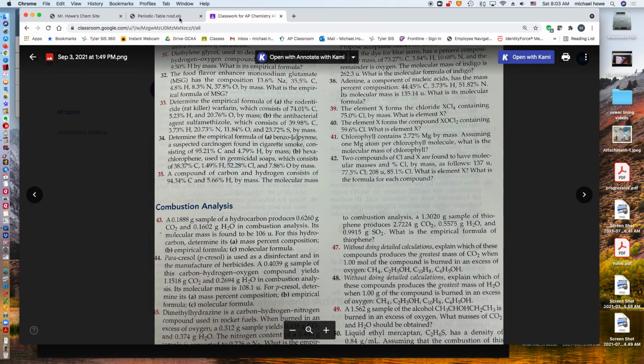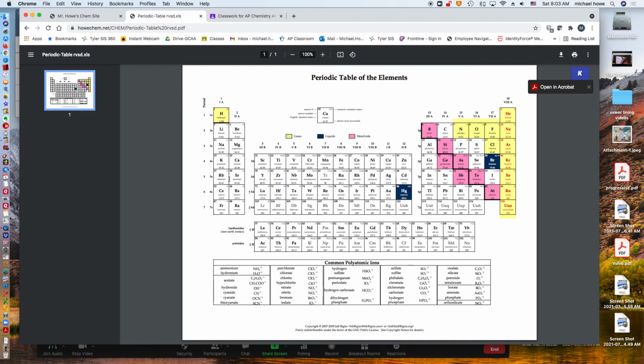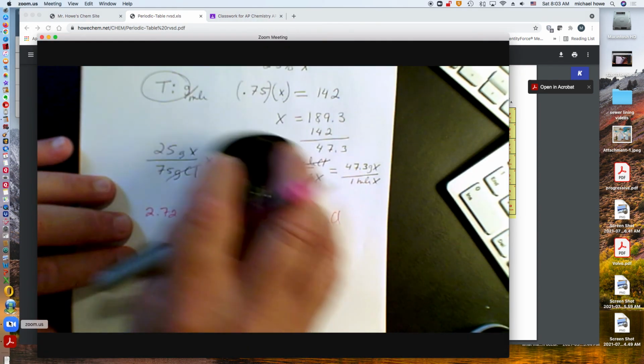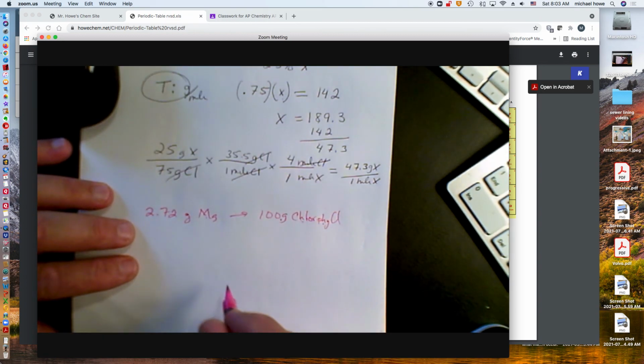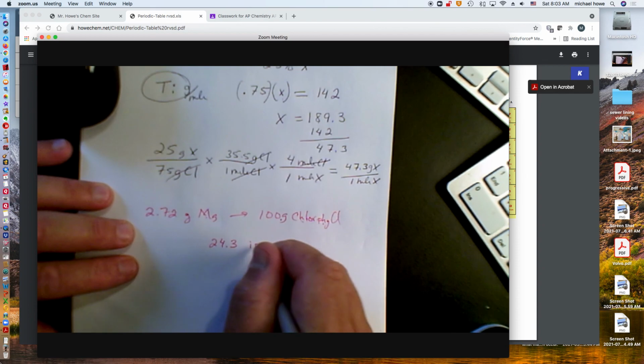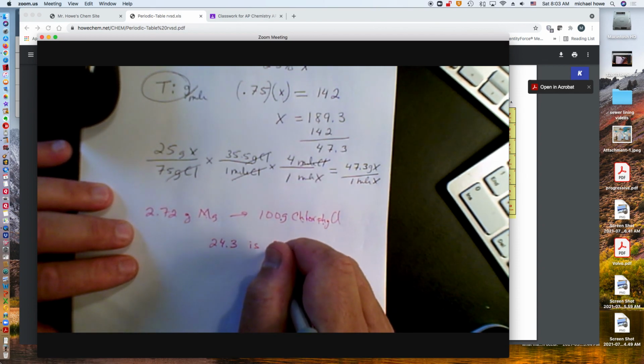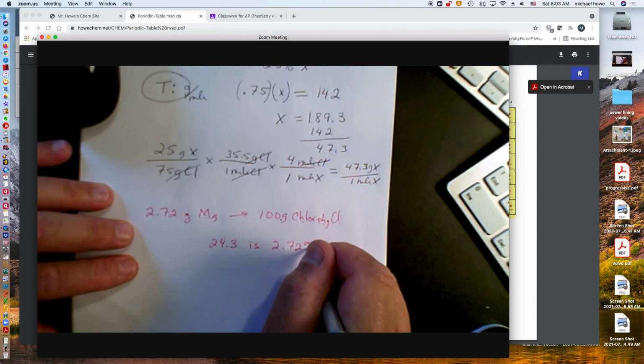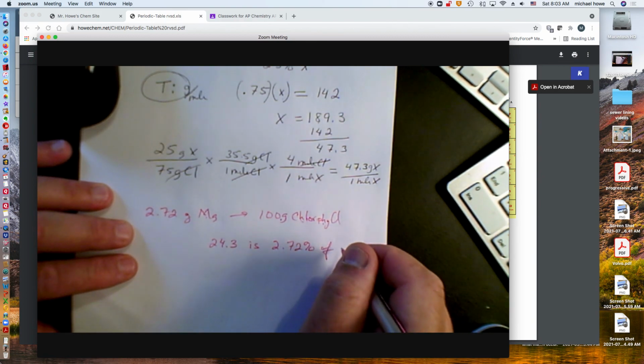Okay, so magnesium's molar mass is 24.3. Go back over here. So there's magnesium's 24.3. So that means 24.3 is 2.72% of the total.